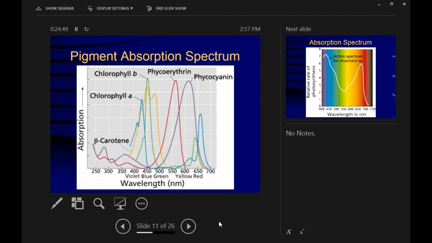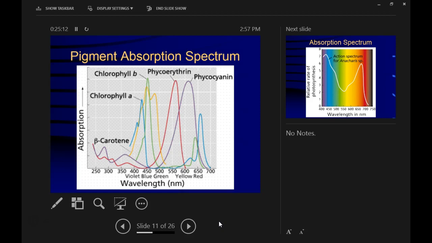Then it drops off very quickly and really has no absorption until we get here to kind of the yellow, and then it peaks again here at the red. So it has two peaks, one here in the violet-blue range, one here in the sort of orange-red range.